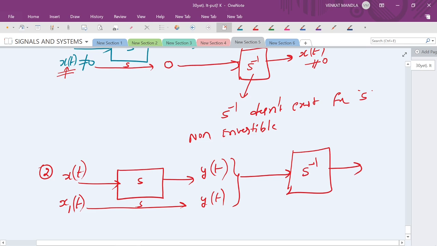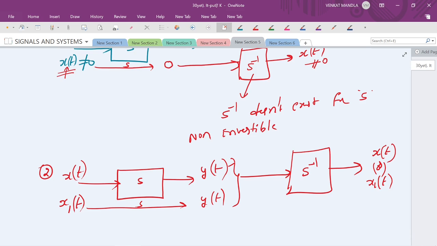Is it possible? I don't know whether this is x of t or x1 of t. So there is an ambiguity. So it is not possible to get exactly x of t or exactly x1 of t.